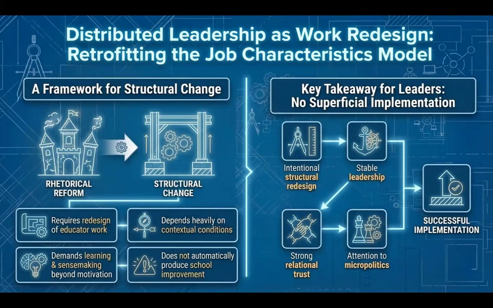This function is not superficial when we are implementing it, because if you implement it in a superficial way, you are not going to get the result that you should get. So you have to be intentional in your structural redesign. You must have a stable leadership, strong relational trust. You must put attention to micropolitics, and therefore this would be successful in implementing a framework for structural change.